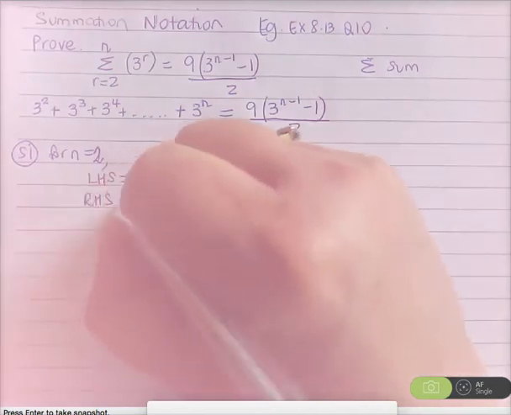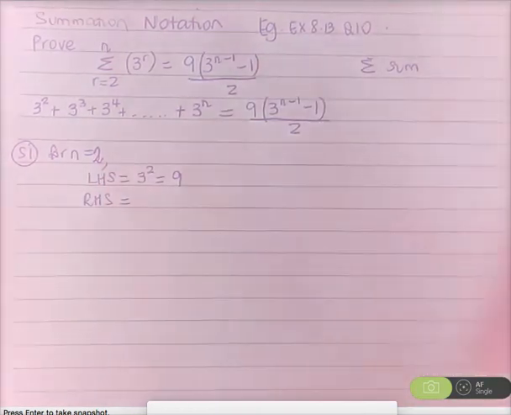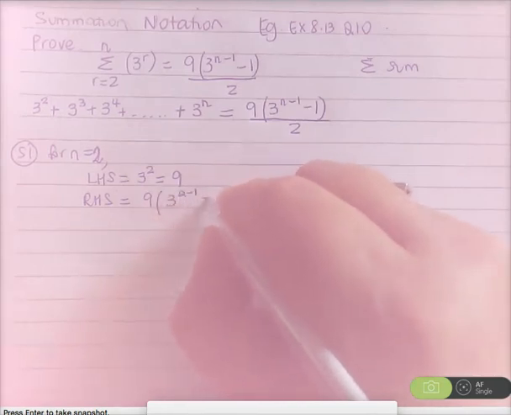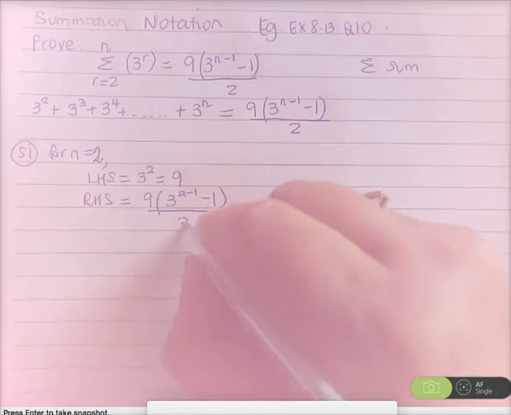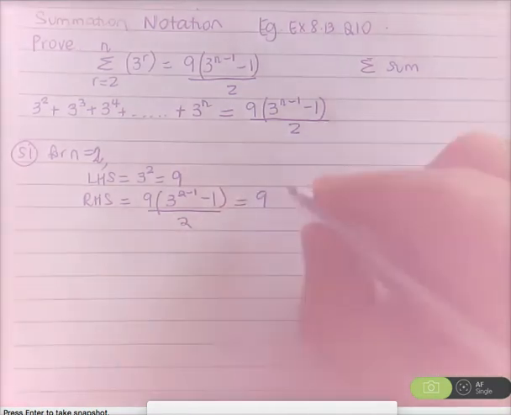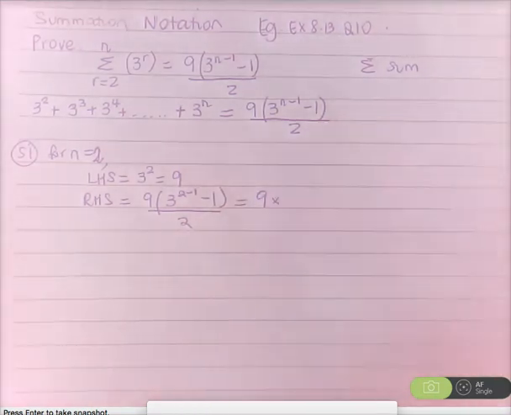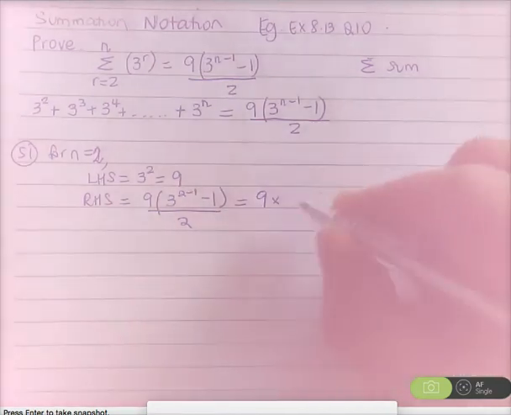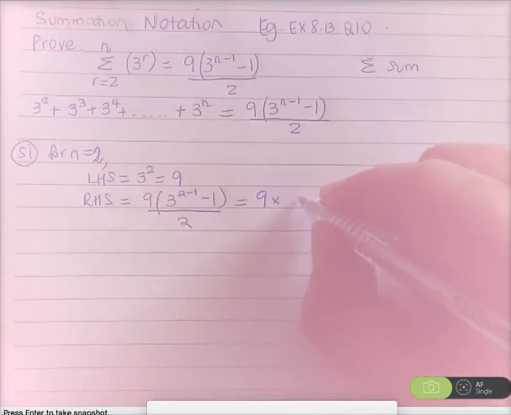And the right-hand side, when you put n is 2, we get 9 times 3 to the power of 2 minus 1 over 2, which is 9 times 3 to the power of 2 minus 1, which is 3 to the power of 1. 3 minus 1 is 2, over 2, which is 9.